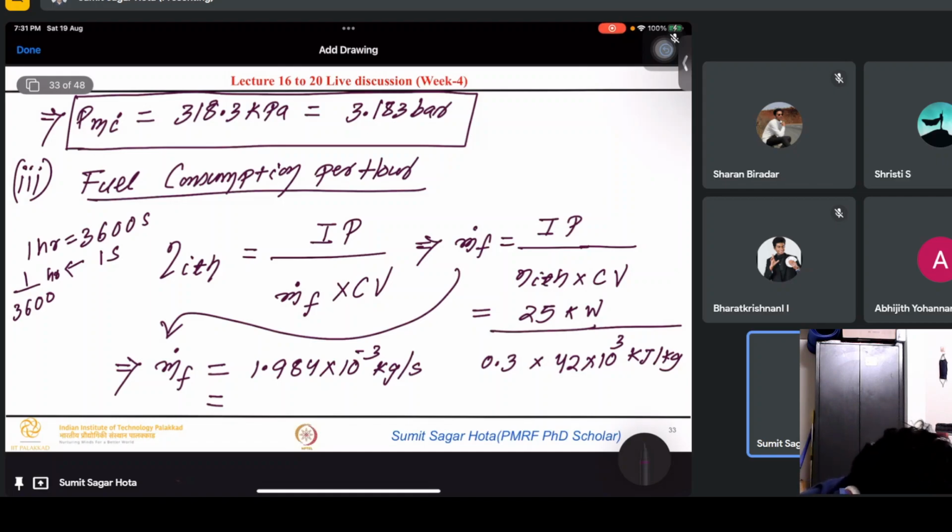That means you have to multiply 3600 in this expression, because second equals 1 by hour. So we multiply this expression with 3600 and you will get the answer as 7.14 kg per hour. Okay.